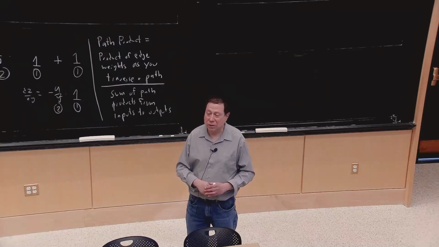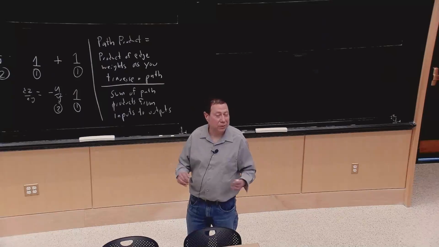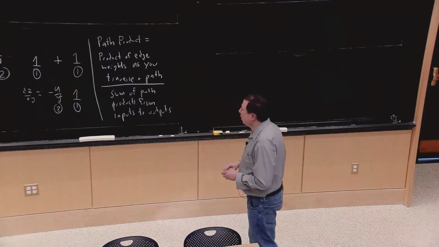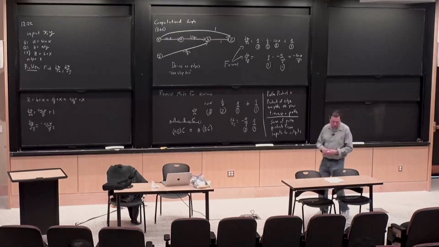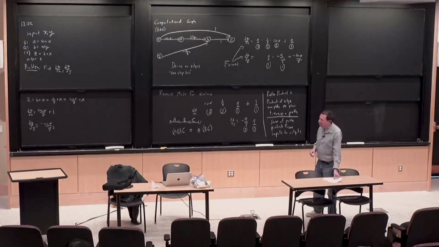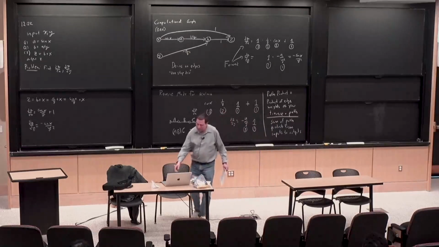The beauty of associativity is that these path products work any which way you do it. So that's one way to look at automatic differentiation, both forward and reverse: in terms of these path products that don't care how you go.